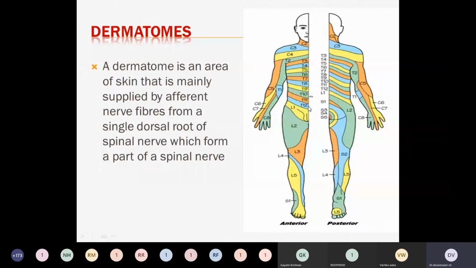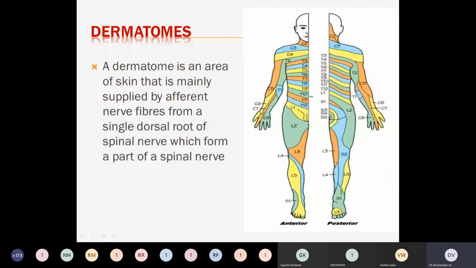For example, in the diagram, I have given so many numbers: C2, C3, C4, C5, C6, C7, C8. You can see in the picture. This C2 means this is the area supplied by the C2 spinal cord level, cervical two.